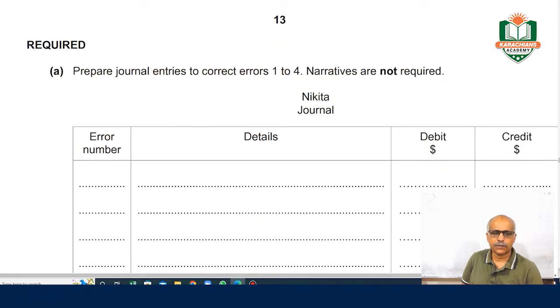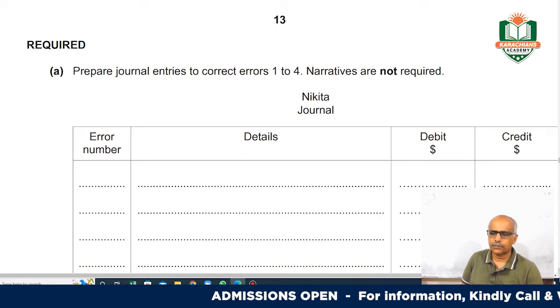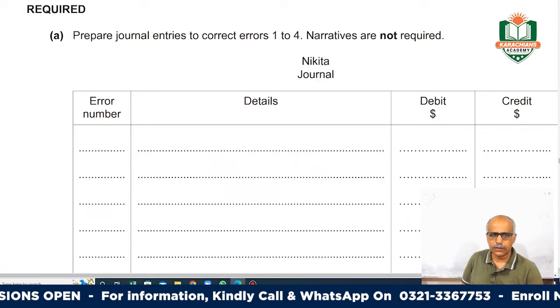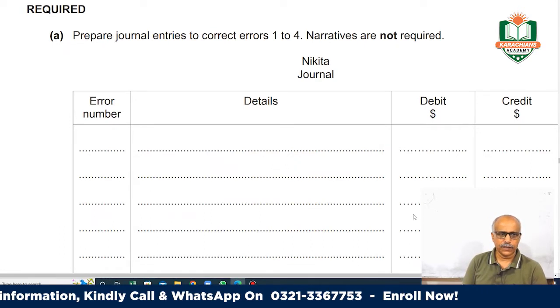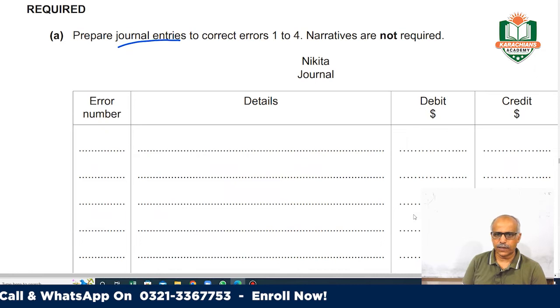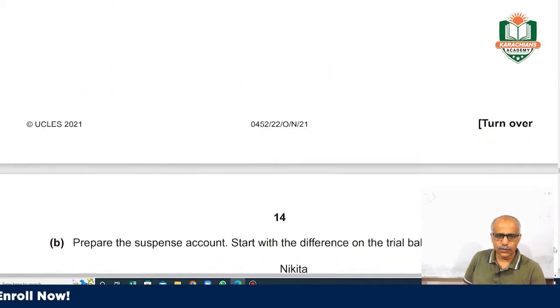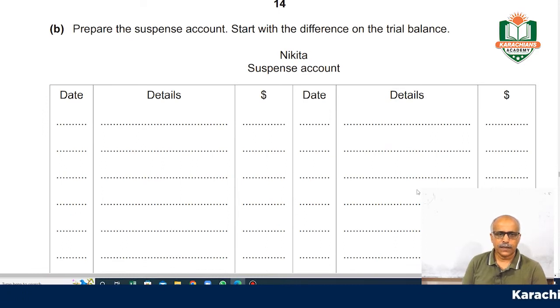If you go to our playlist you can see the previous questions, 1, 2, 3, 4A. So we have done the journal entries, and now what is required here is to prepare the suspense account.